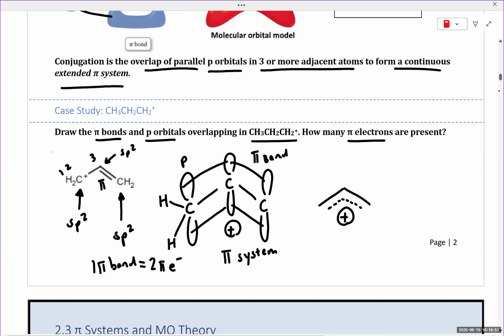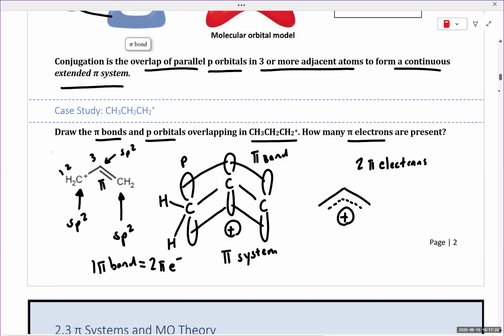We only care about the pi electrons because it's those pi electrons and electrons held in our conjugated p orbitals that are distributed across our pi system. The single bonding electrons we don't particularly care about for this exercise. So in this case, in our pi system, we have two pi electrons. How did we get that number?